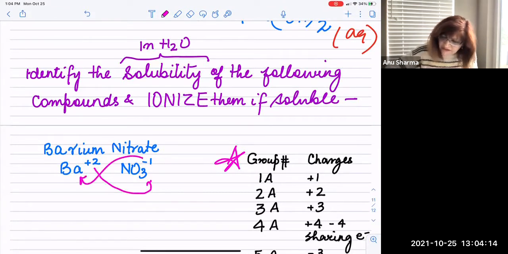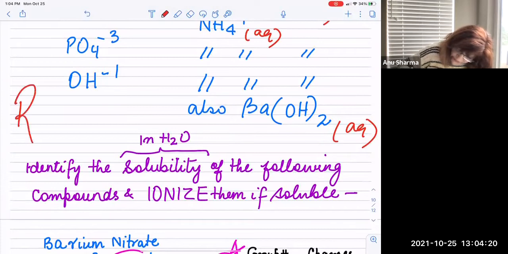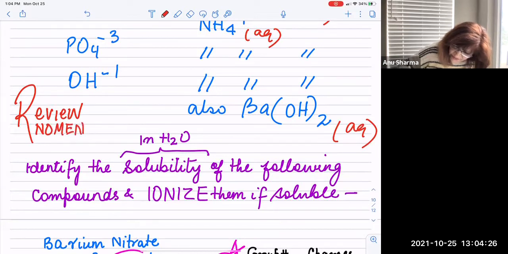So now we see that this number comes here and this number comes here. So basically it is a review of nomenclature, writing the names and the formulas. And in the nomenclature, very specifically formulas, you know how to write the formula.